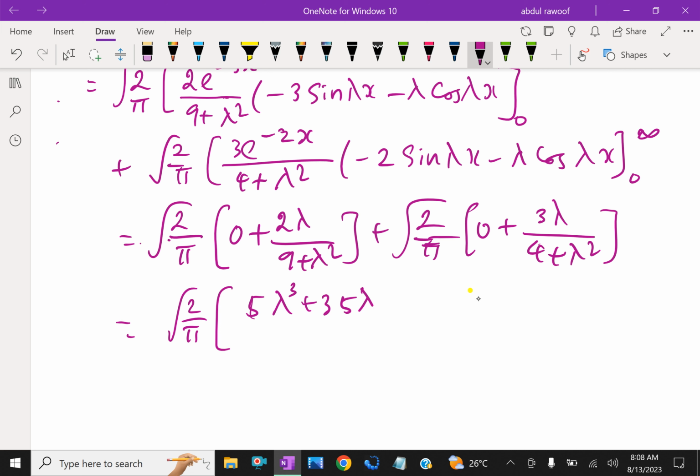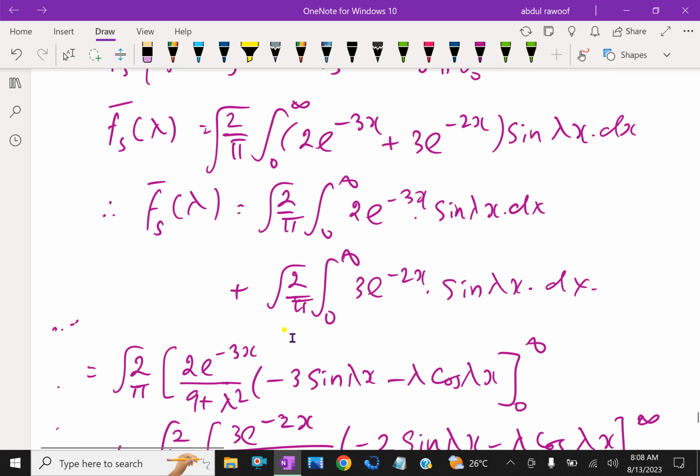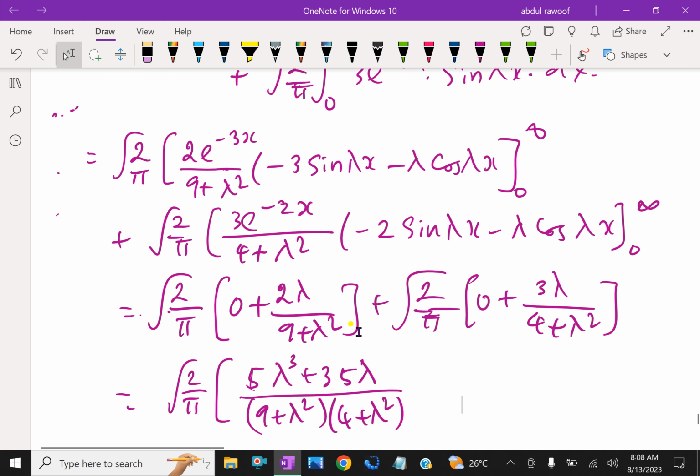Taking the LCM, the denominator is 9 plus lambda squared into 4 plus lambda squared. On cross multiplying and simplifying, we have the result of the Fourier sine transform of this function.